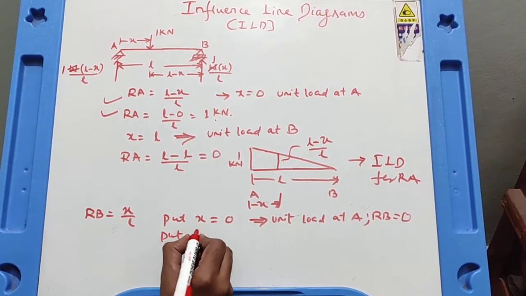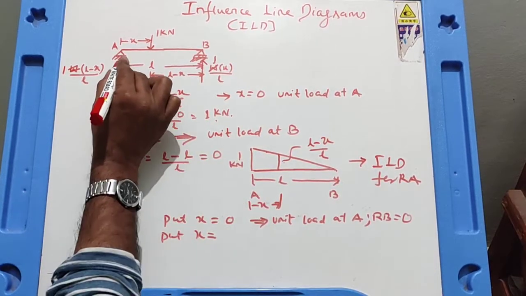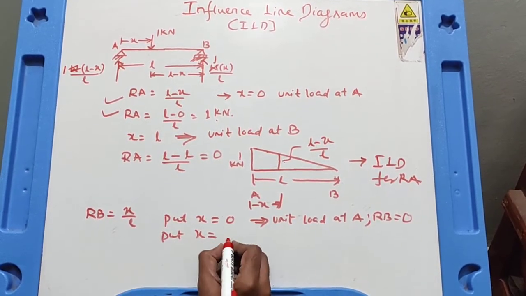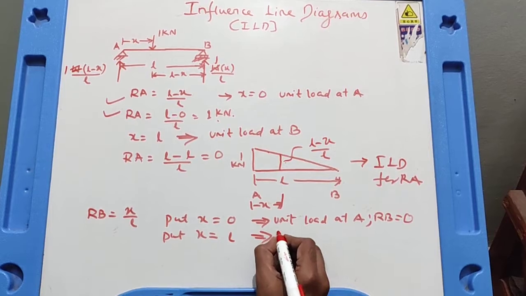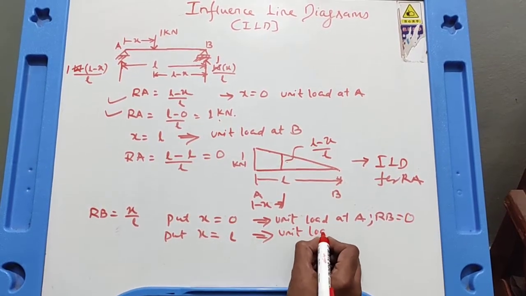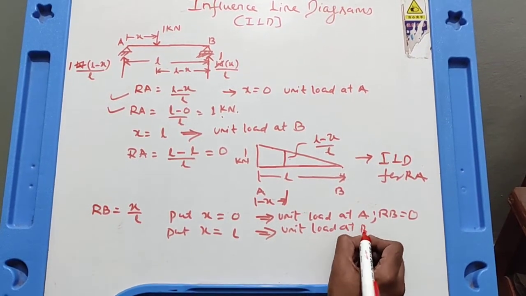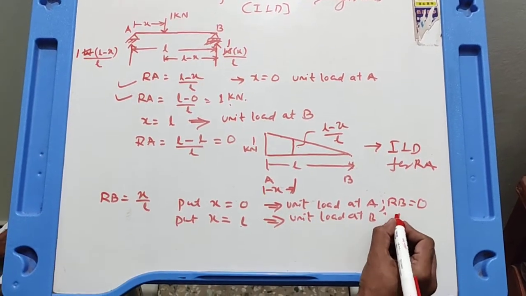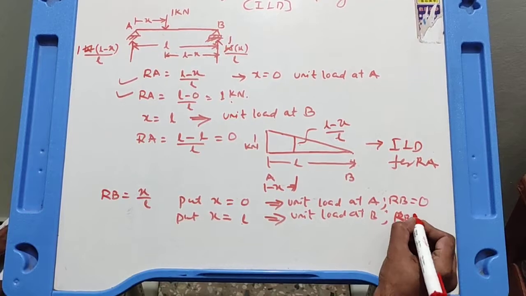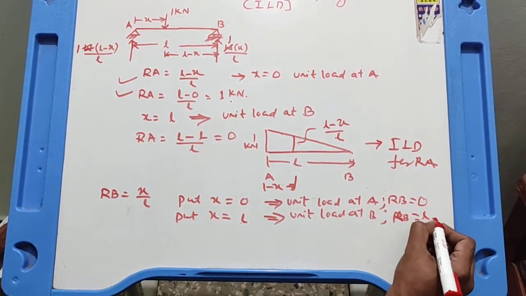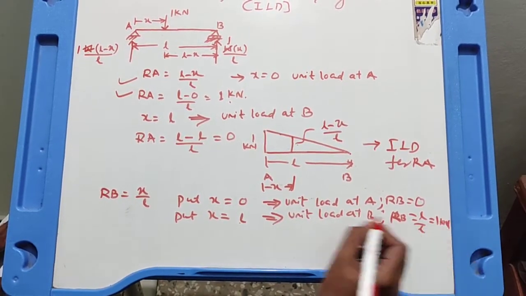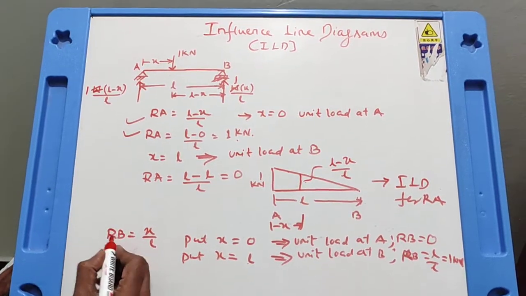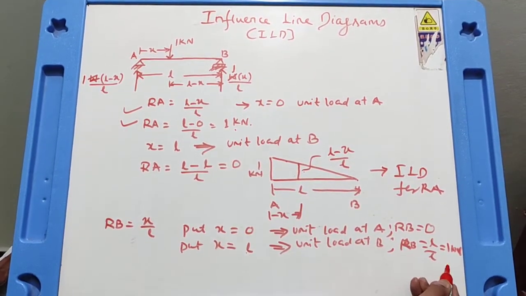Again, like what we have done for RA, I am doing for RB. Put x equal to L, which means the unit load is at B. When you put x equal to L, L by L, RB equals simply 1 kilonewton.